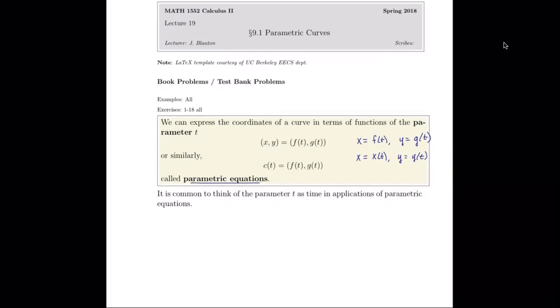So what used to be a function y equals f of x is now written as a single equation. We now technically have two equations representing a point on the curve. And let's see what sort of possibilities this opens up, how this changes two-dimensional curves as we understand them and work with them, just by introducing this new representation.